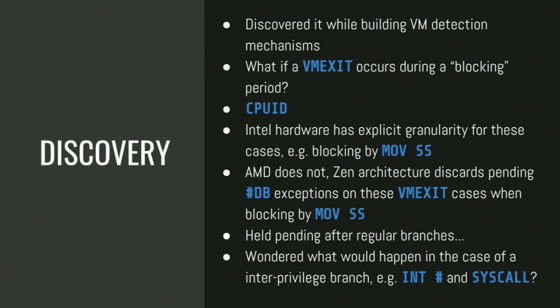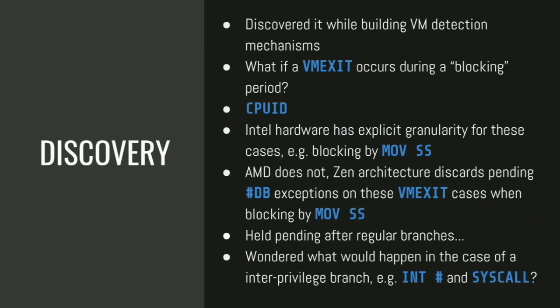To expand on that, my thought was, what would happen if we had a MoveSS, then a pending DB, and then a branch? If you have MoveSS or PopSS that accesses memory followed by a branch, right after that instruction, it fires an int1.